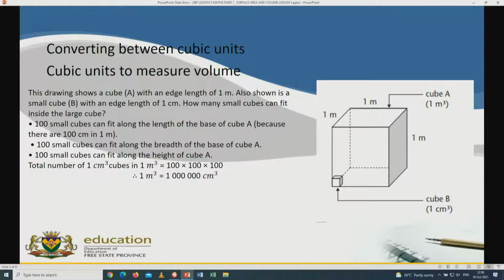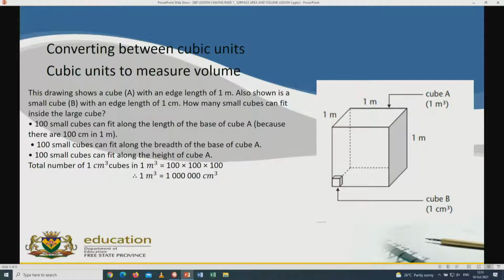And therefore, the length side, if I may put it that way, of this cube, because we have 3 lengths, here in the front, it will be 100. The breadth in terms of small cubes, 100 will fit. Going up, 100 will also fit.